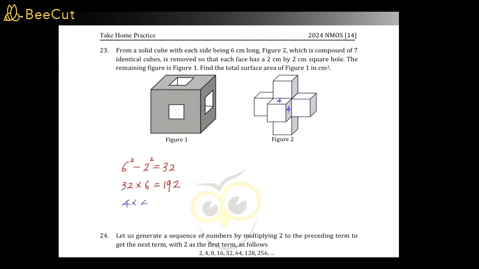And there are 4 squares, so that's 16. Now again, there are 6 directions: the front, the back, top, bottom, left, and right. So 16 times 6. The newly added surface adds up to 96. So let's add them together. 192 plus 96. Now the total surface area is 288.